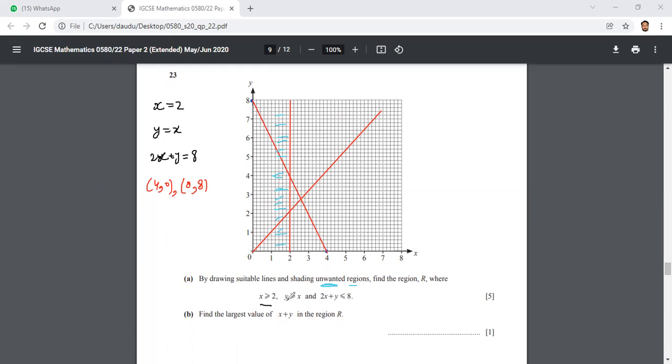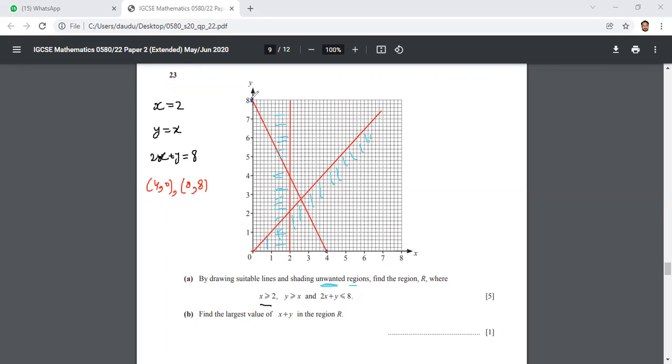And then the next is y is equal to x and here greater than. So here it shows the region must be above the line, but they want the unwanted, so we will show below the line like that. And then the last one is less than or equal to 8.